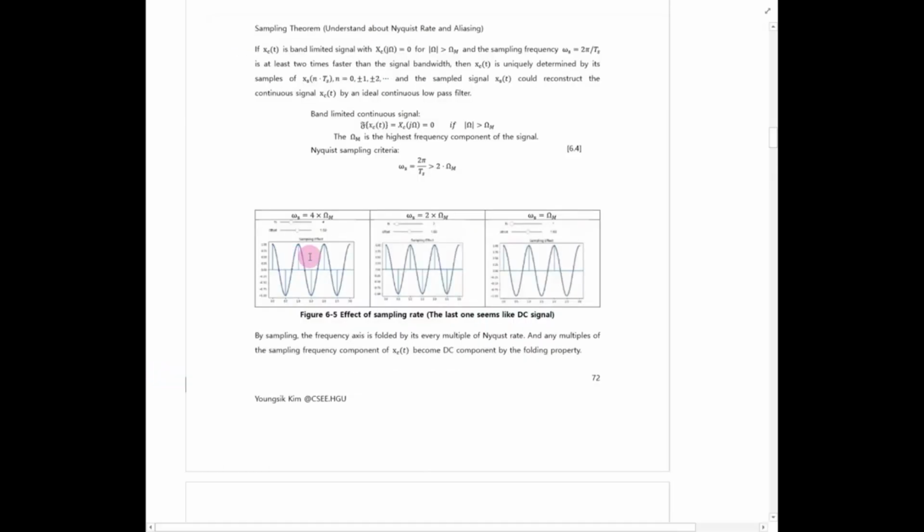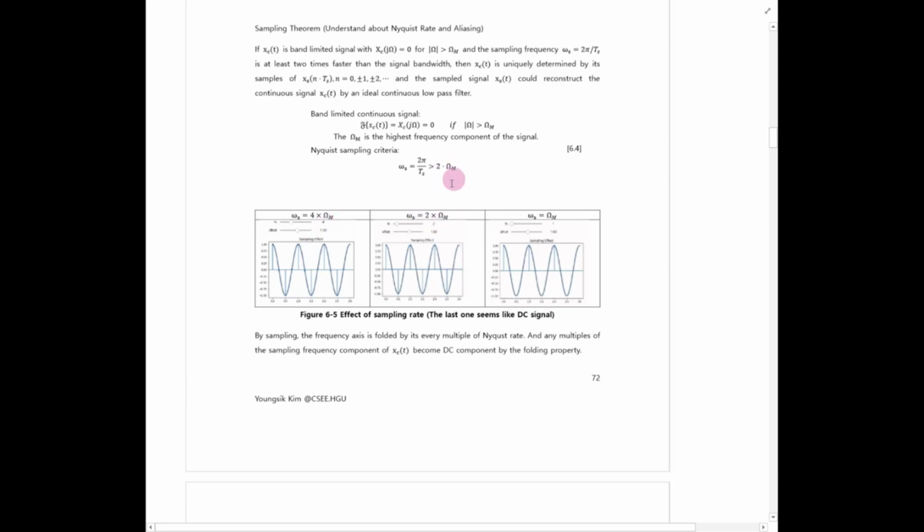In the 4 times case, we have 4 samples for each period. The period starts from here to here: 1, 2, 3, 4 samples, and the next period is 1, 2, 3, 4 samples. What about taking double the signal frequency?